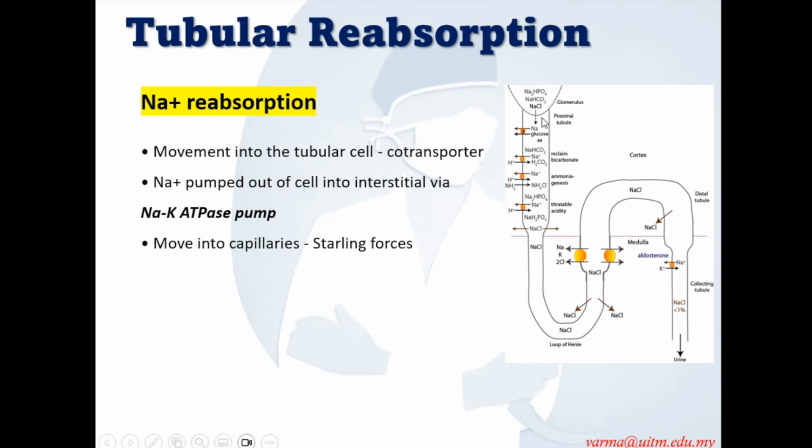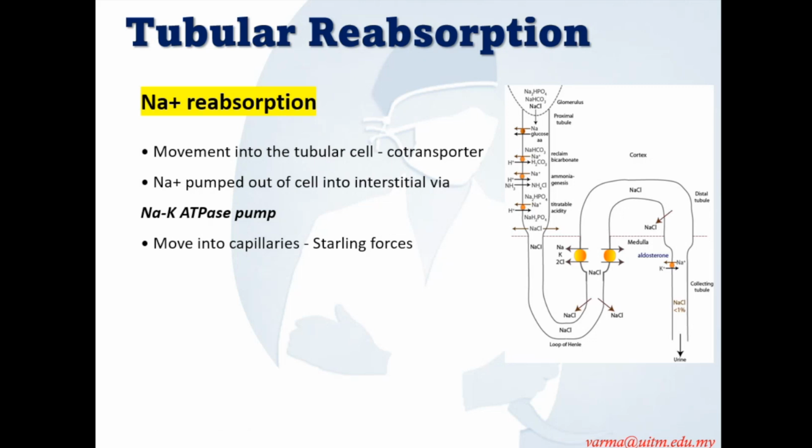Okay, so we have a tubular lumen, we have a cell, and the cell has an apical membrane, which is nearer to the tubular lumen, and a basolateral membrane, which is nearer to your blood capillary. So what maintains the concentration gradient in the cell for the movement of sodium across it? It's the sodium potassium ATPase pump.